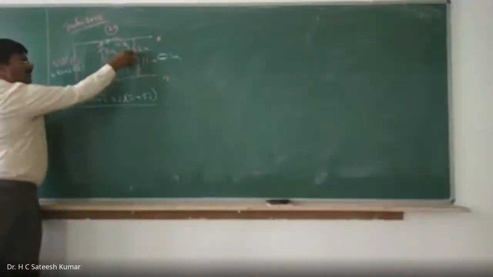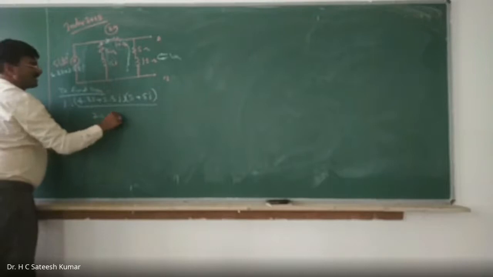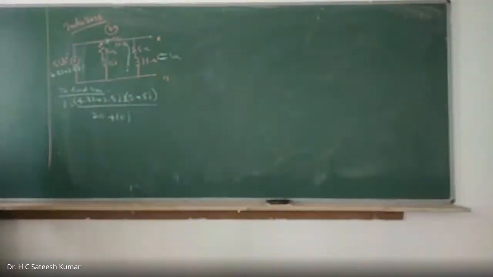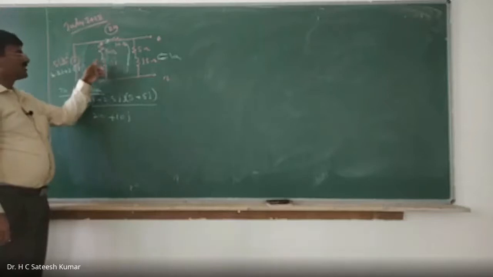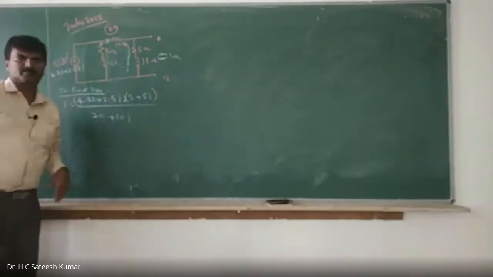Add all of them: 5 plus 10 plus 5, 20 plus j10. Total current into resistance of the other branch divided by total resistance, the sum of these two.